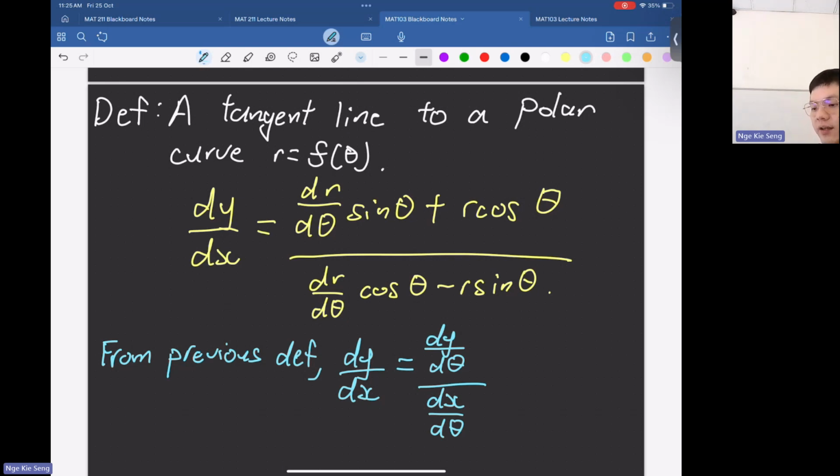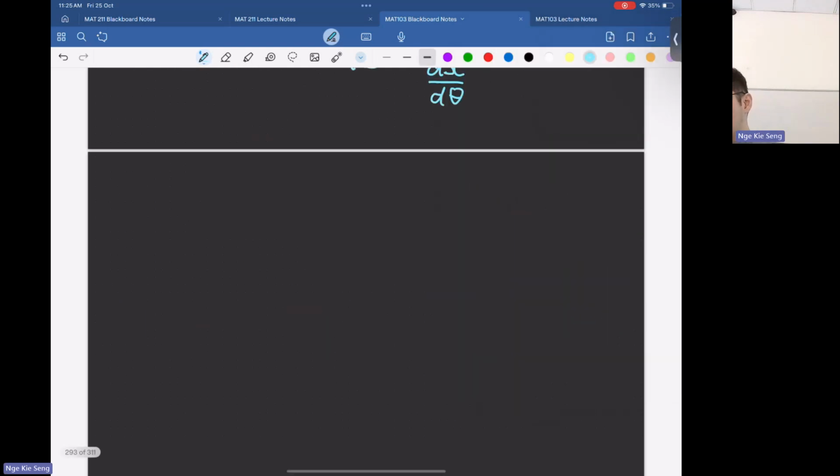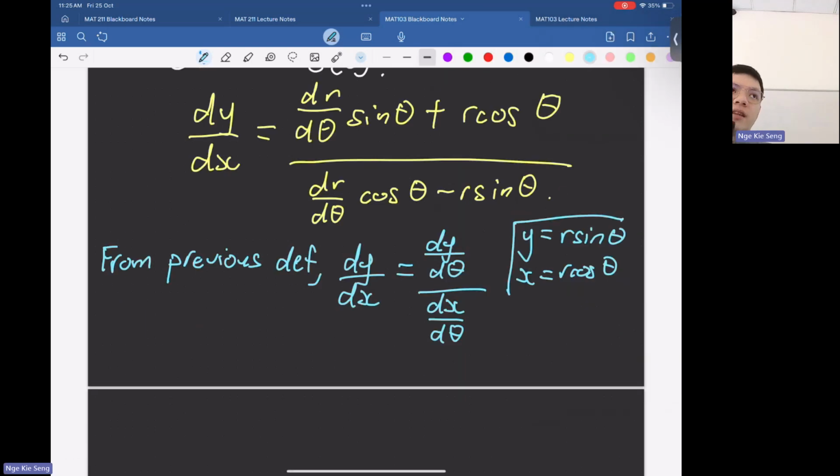We know how to express y in terms of theta and x in terms of theta. These are the two very important equations that you need to remember in this polar coordinate chapter: y equals r sine theta and x equals r cos theta. This tells you how x and y behave with theta.